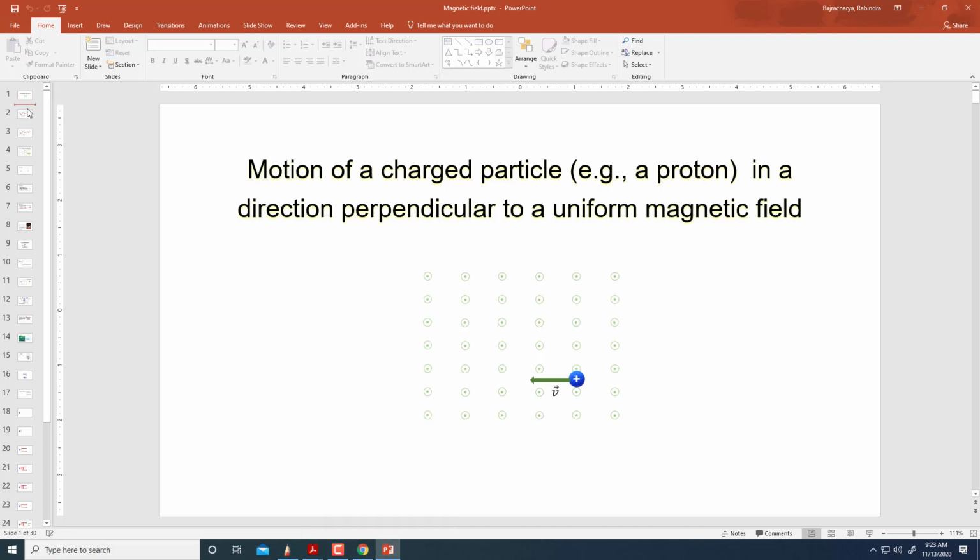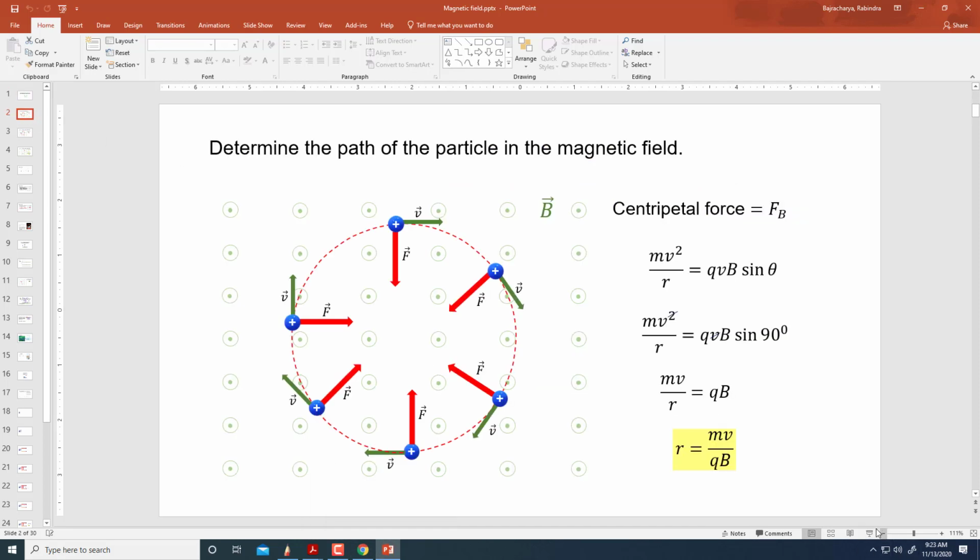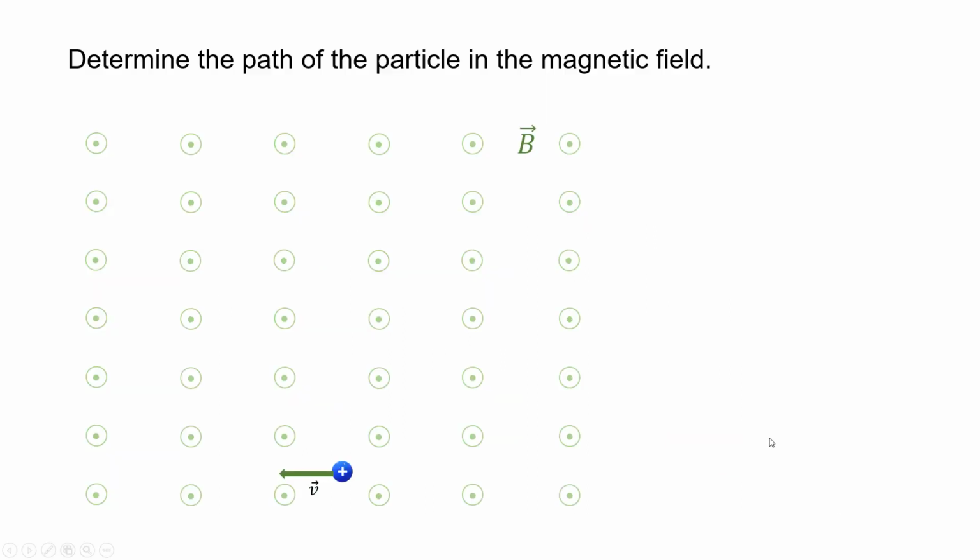Let's talk a little bit more about the trajectory of a charged particle in magnetic field. When the charged particle moves in the magnetic field, it feels some force, and the direction of the force in this particular case is given by right hand rule again, because it's a proton.